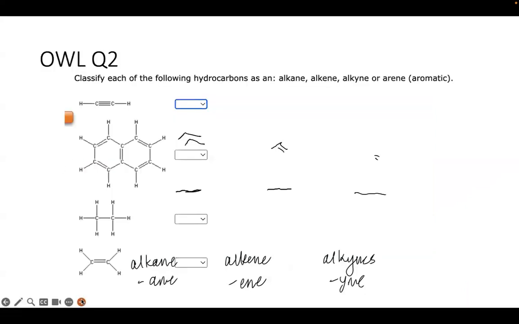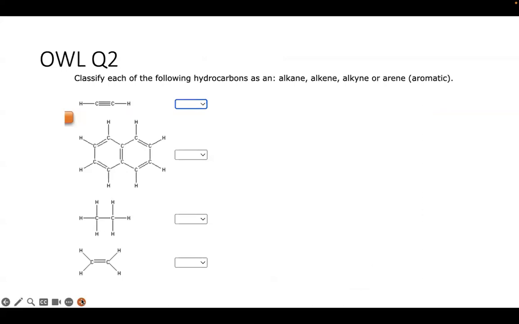All right. So your OWL question 2, and again, I can't promise that these numbers align, but it asks you to classify the hydrocarbons as alkane, alkene, alkyne, or arene. This is just if it has a ring.